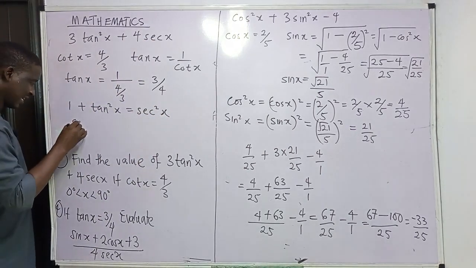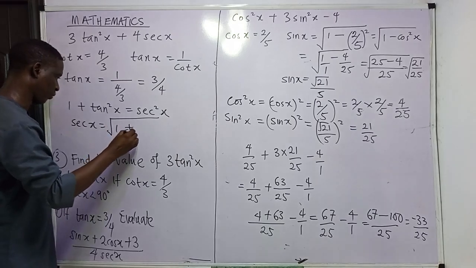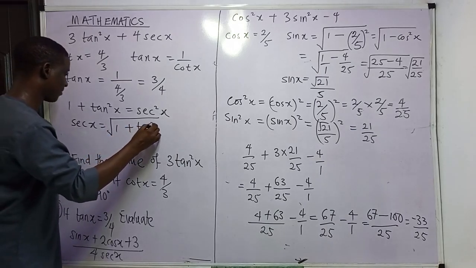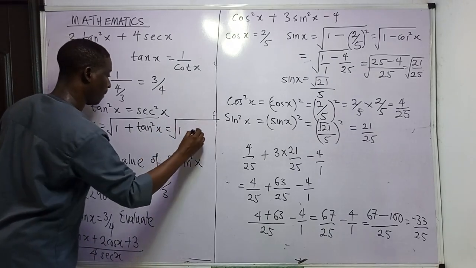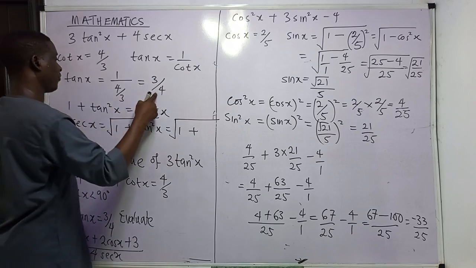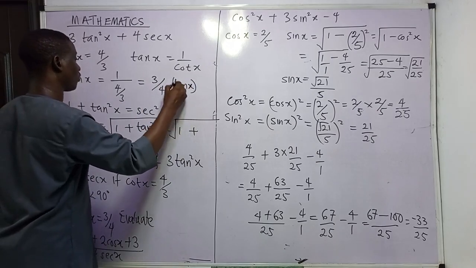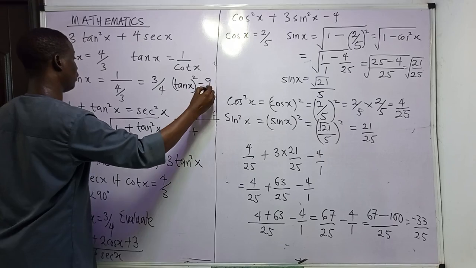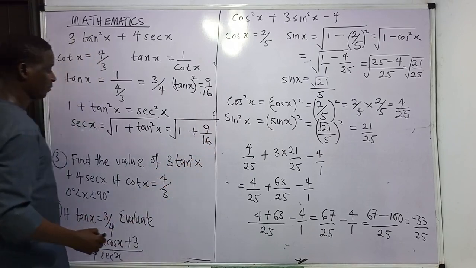So that means that sec x is equal to square root of 1 plus tan square x. So what I want to do is look for the 1 plus tan square x. If tan x equals 3 over 4, then tan square x, or tan x all squared, will be equal to 9 over 16.